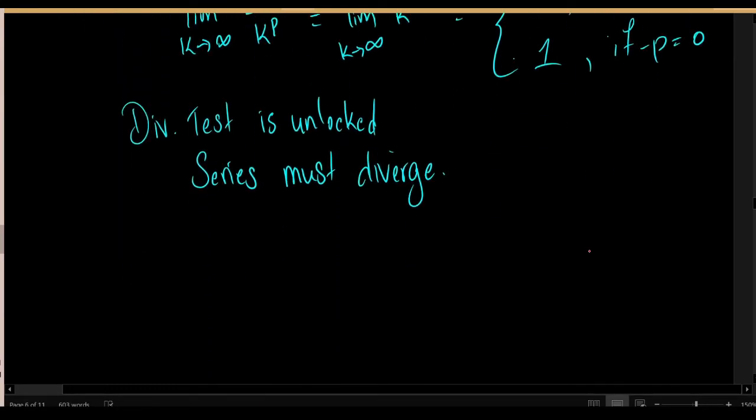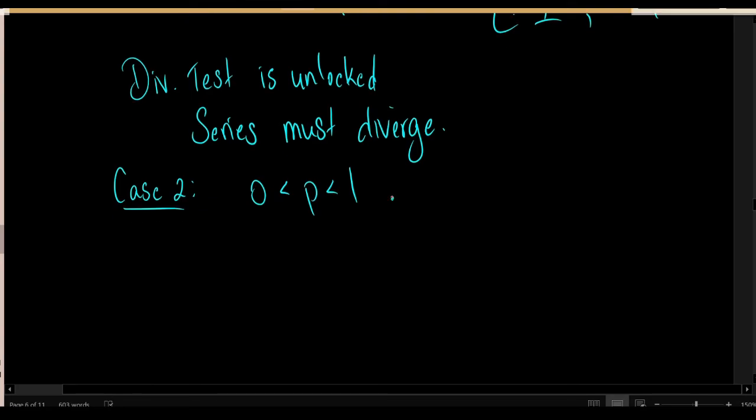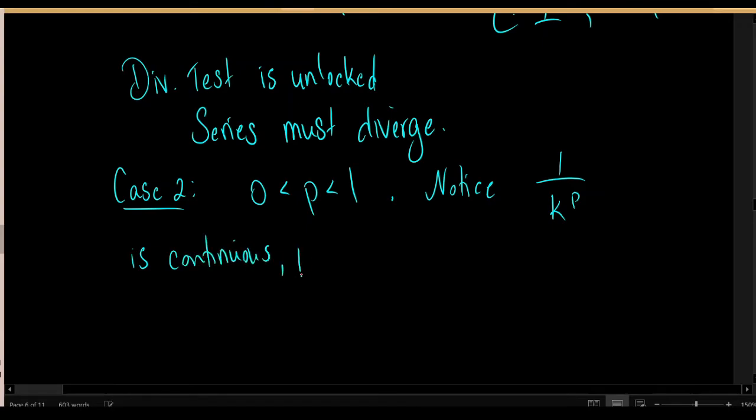So let's then consider case number 2, where 0 is less than the power p, which is less than 1. So in this case, notice that the function 1 over k to the power p is continuous, positive, decreasing on the interval from 1 to infinity.